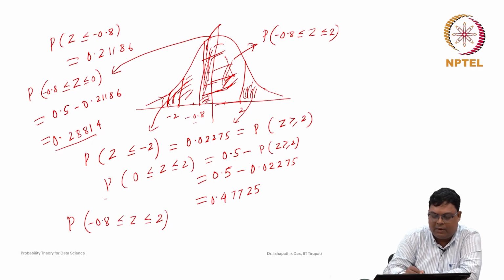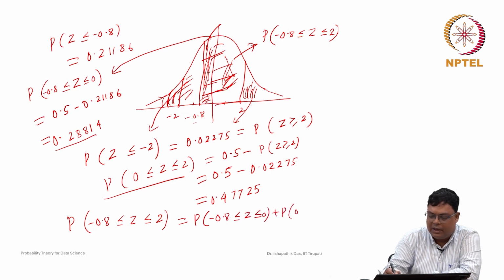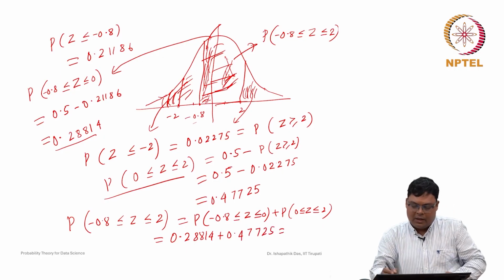This will be the addition of two probabilities: the probability that minus 0.8 is less than or equal to z less than or equal to 0, plus the probability that 0 is less than or equal to z less than or equal to 2. So, 0.28814 plus 0.47725.